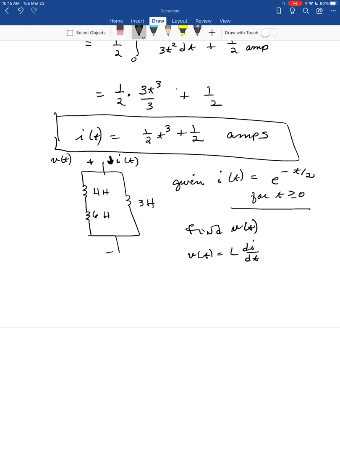So before I can find the voltage between the top and bottom node, I need to reduce this inductor configuration to a single inductor. If I first handle the ones in series, that's 10 henries, and this is 3 henries, and then I need to do 10 parallel 3, so that's 30 over 13, which is about 2.3.